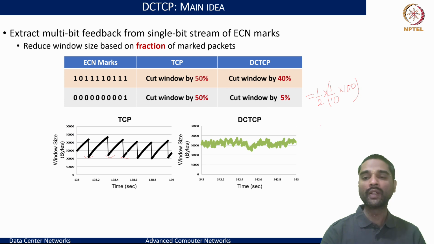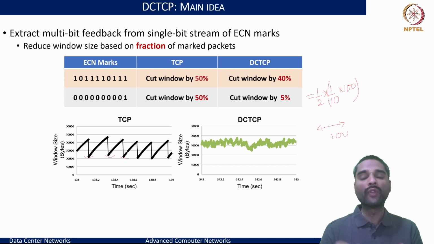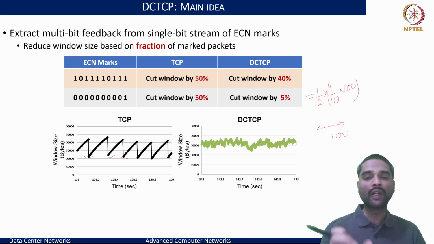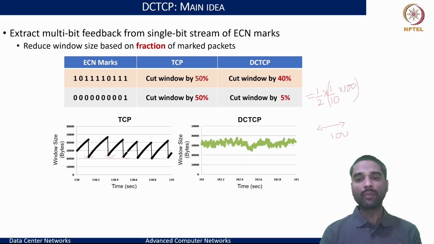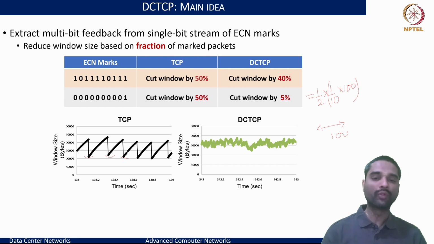And within an RTT, if we are sending a lot more packets, 100 or more, then you get a finer scale at which the window size would be reduced. Thus, DCTCP avoids falling down to very small and then ramping up again, while containing the congestion so that you are able to react. In fact, using the ECN approach helps us react much more quickly.